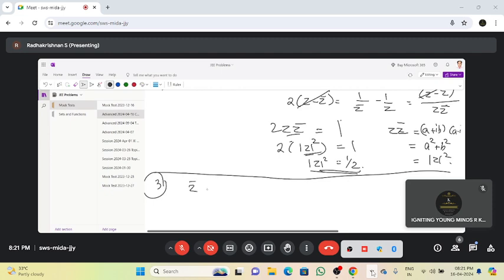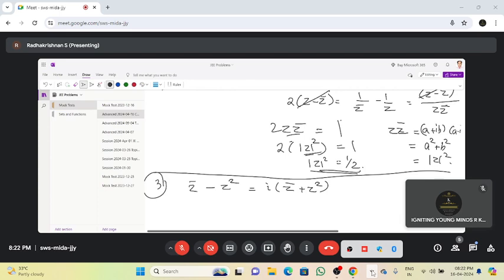Given this equation: z conjugate minus z square equals i into z conjugate plus z square. This is the condition given for the complex number z. The complex number z satisfies this condition.